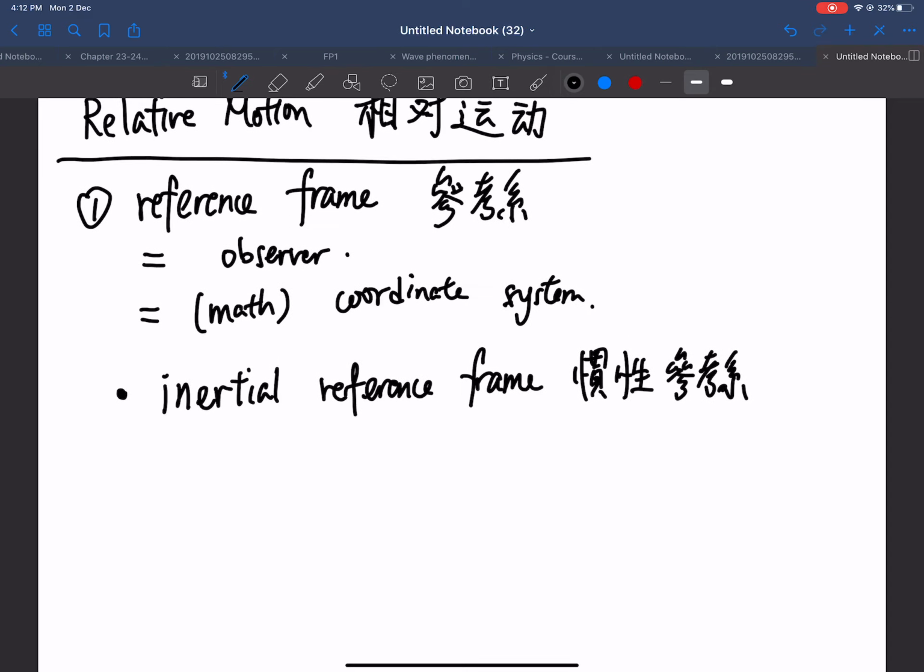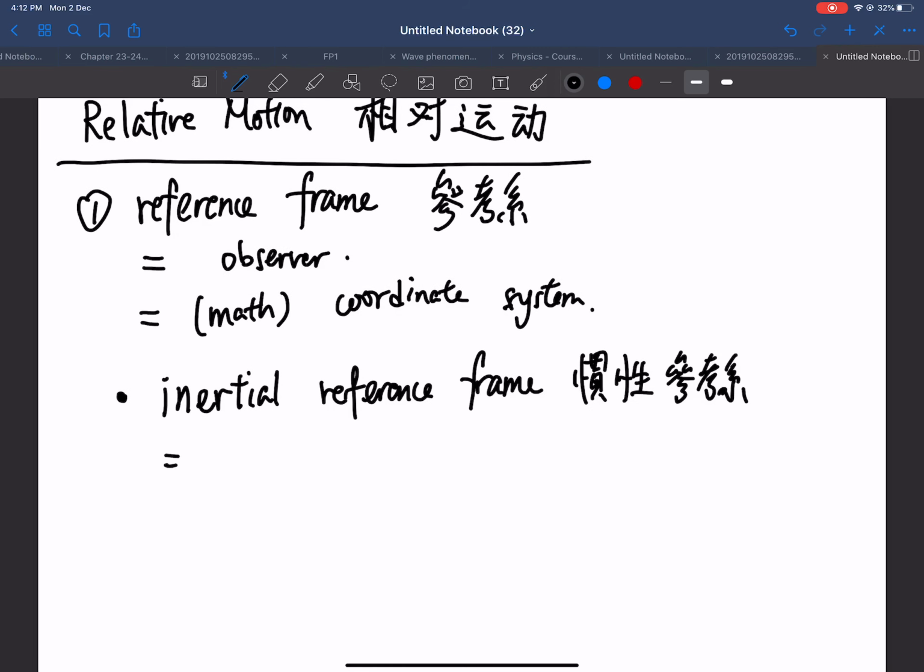So this reference frame is a frame where Newton's first law holds. That means Newton's first law does not hold in some reference frames.